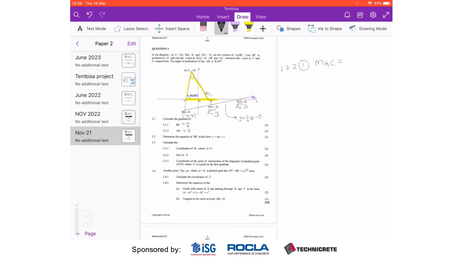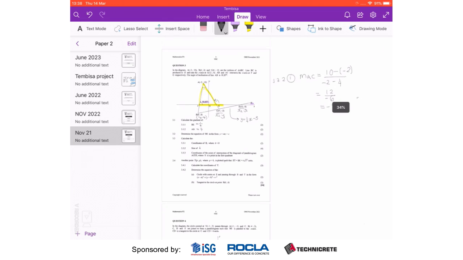Okay, so it's going to be minus 2 over minus 2 minus 4. So that's 12 over minus 6, which is giving me minus 2. Okay, that was step 1. That was finding the gradient.